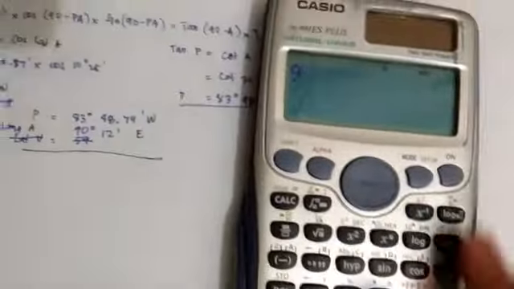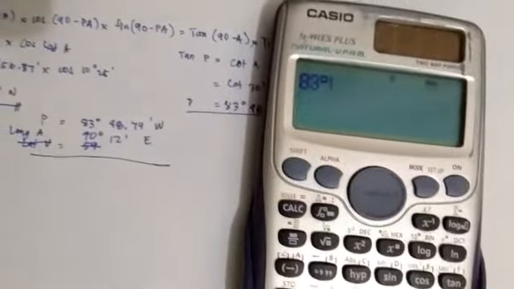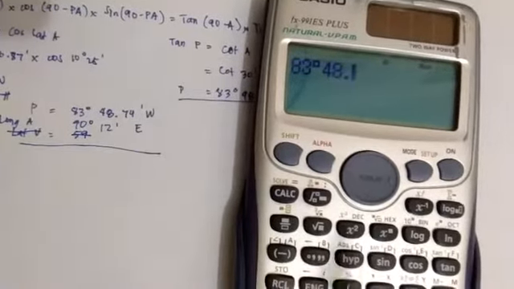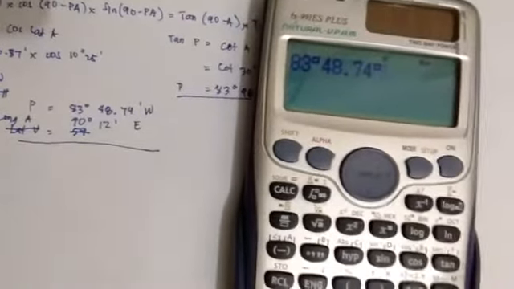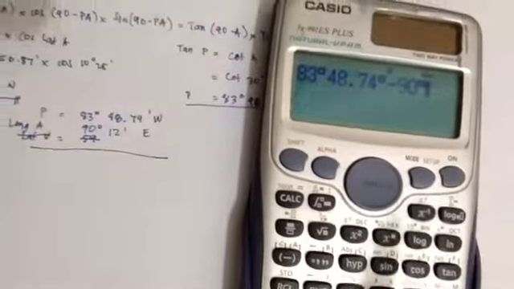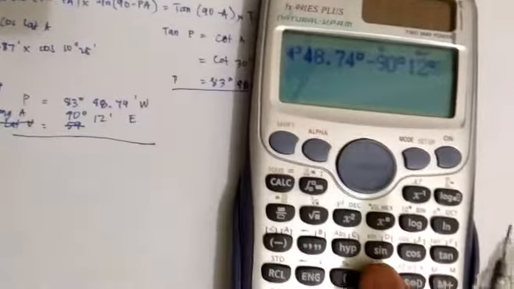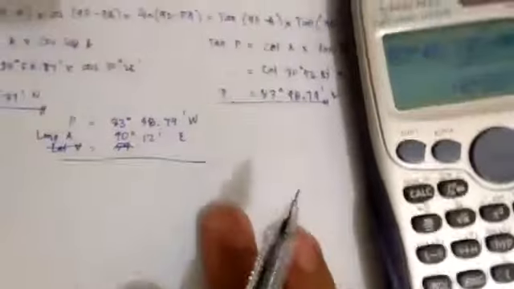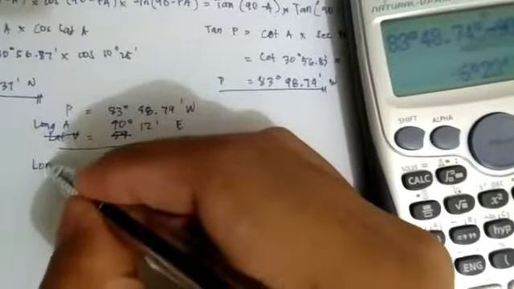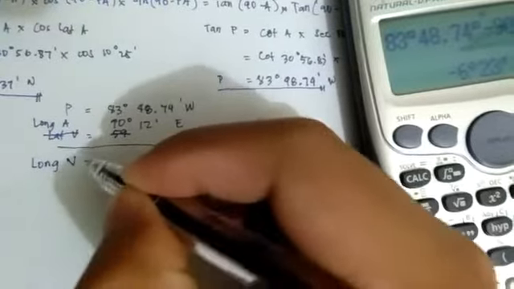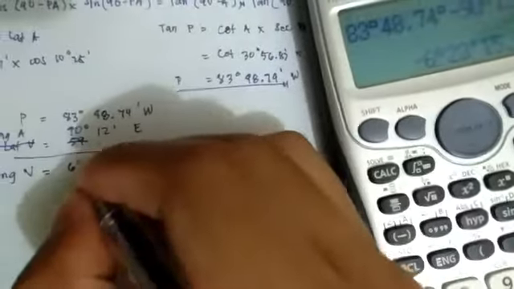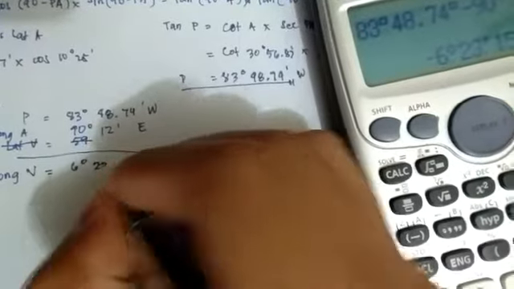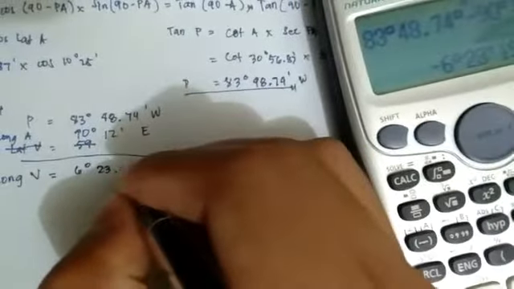So 83 degrees 48.74 minutes minus 90 degrees and 12 minutes. So we will get the longitude of our vertex, which is 6 degrees and 23.26 minutes west.